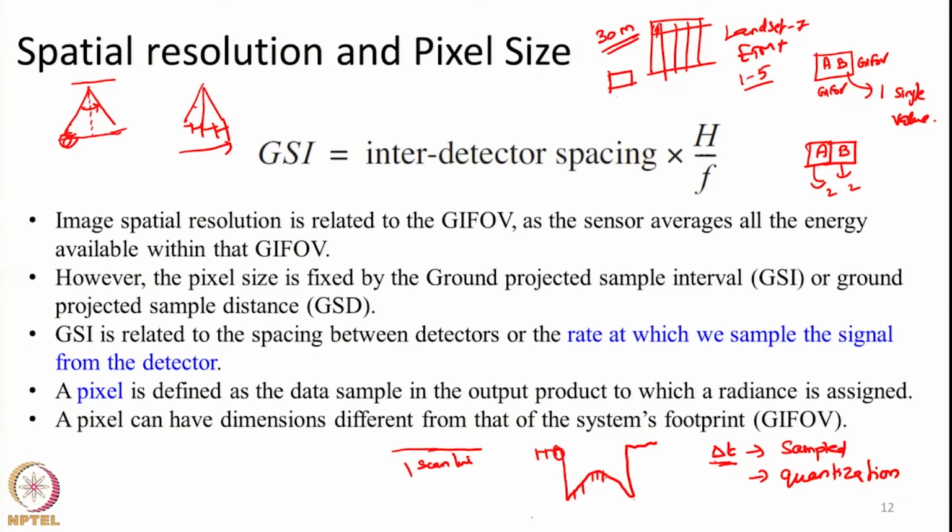Corresponding to this particular delta t there will be a ground distance that the scanner covers. As delta t increases, the scanner sees different points on the earth surface. Let the scanner be here at point A. After delta t the scanner would have moved to point B. After another delta t the scanner would have moved to point C, etc.